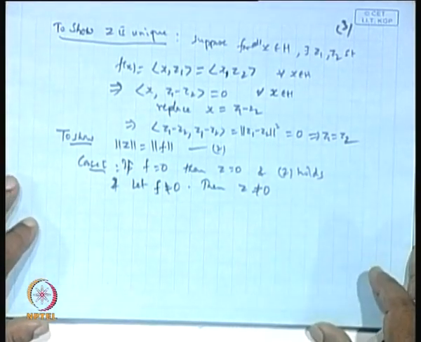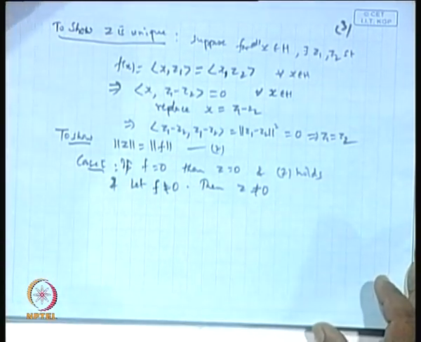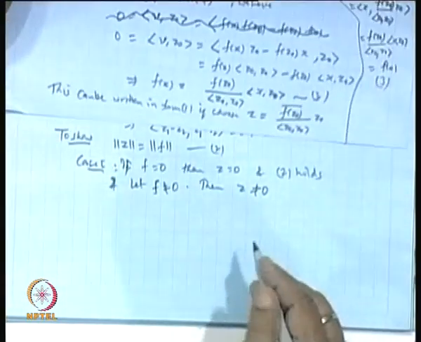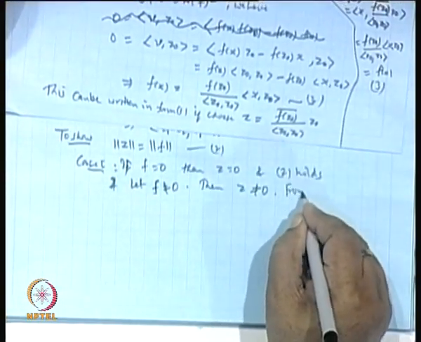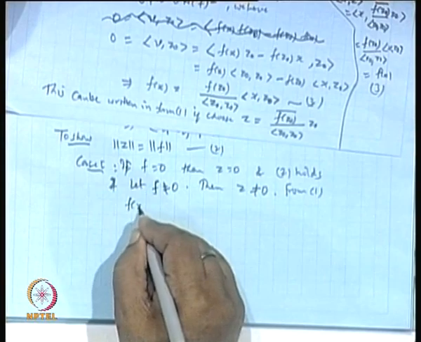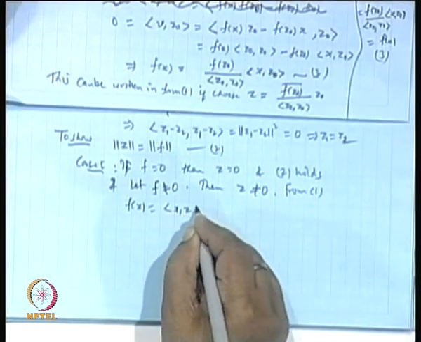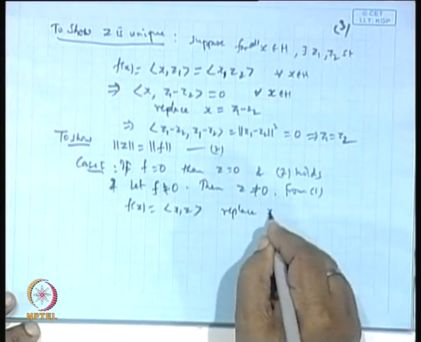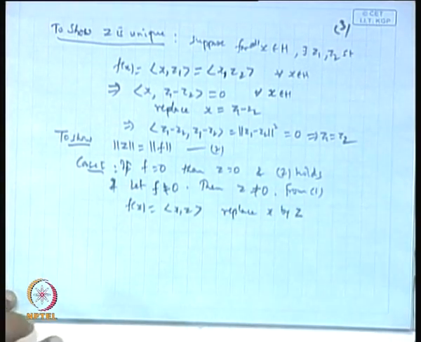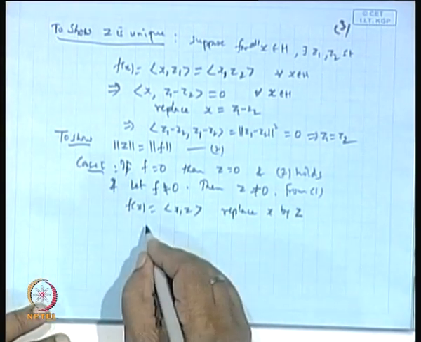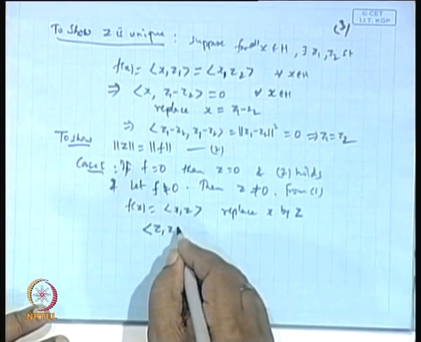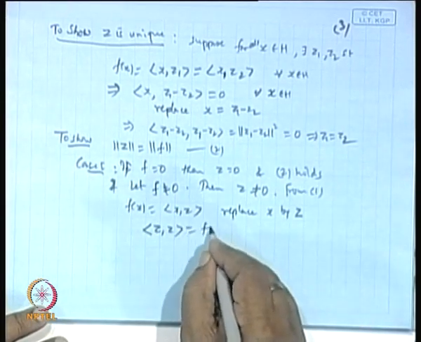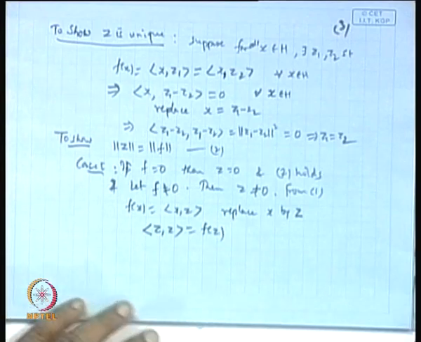Now, from 1, that is f(x) is represented in the form of x z, replace x by z. What do we get? The inner product z z, which is equal to f(z).